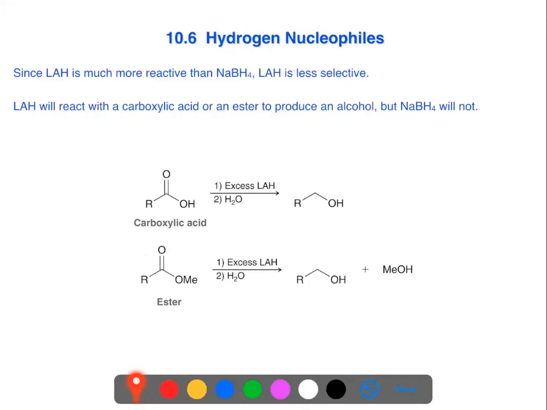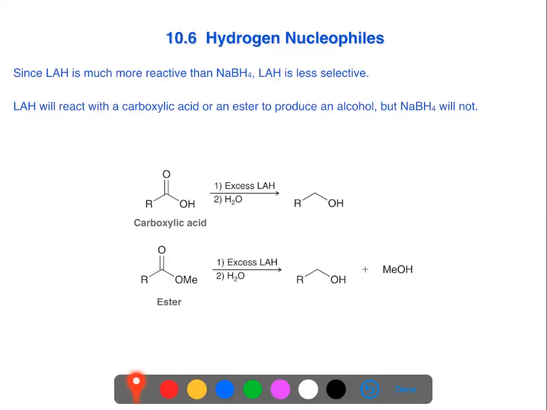And so lithium aluminum hydride will react with carbonyl containing compounds such as carboxylic acids and esters as well, but sodium borohydride being less strong will not be able to carry out those same reduction reactions. So as you can see in this example, both carboxylic acids and esters can be reduced using excess lithium aluminum hydride to carry out the transformation, followed by a quench with a polar protic solvent like water.